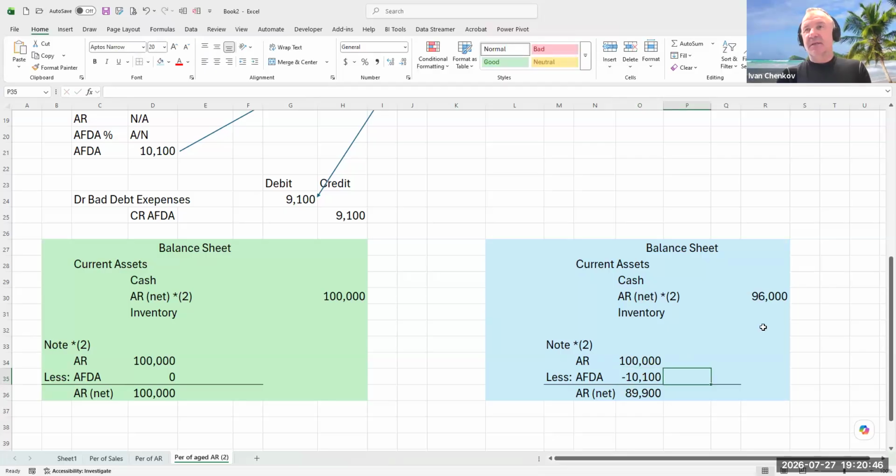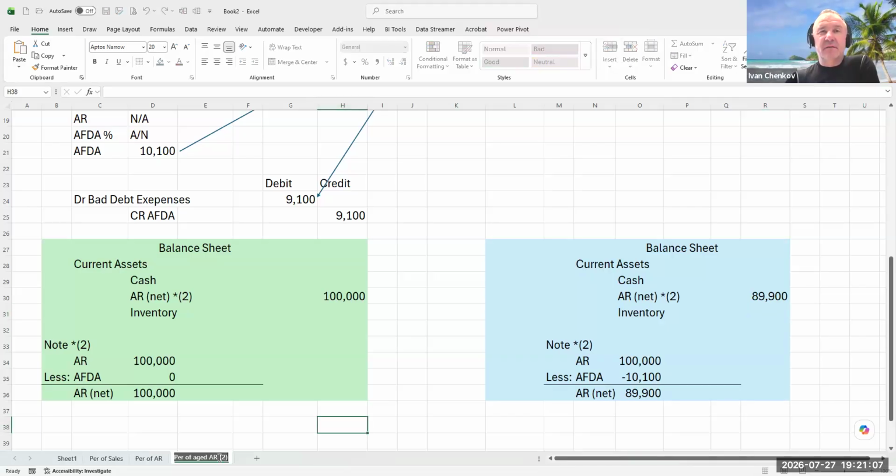Accounts receivable in this case is going to be $89,900 net. And that's how we calculate the allowance for doubtful accounts and the bad debt expense under the aged method, or aged accounts receivable method.